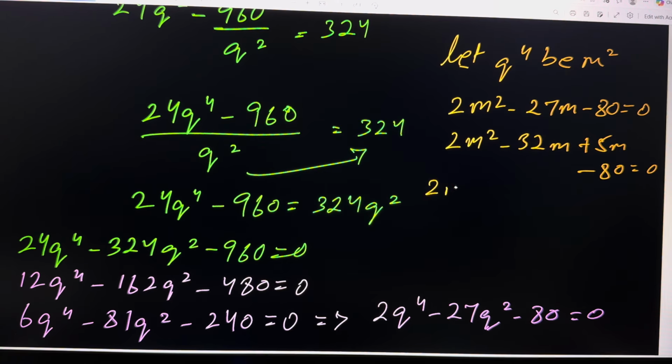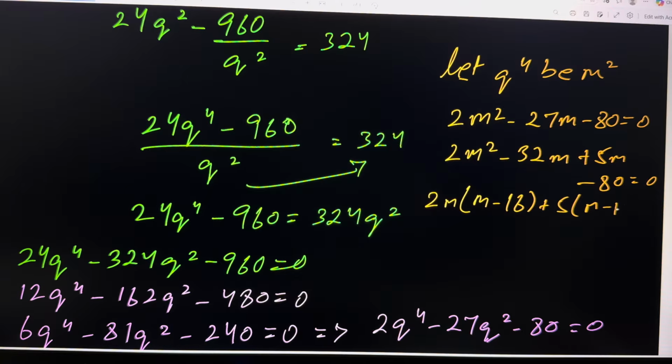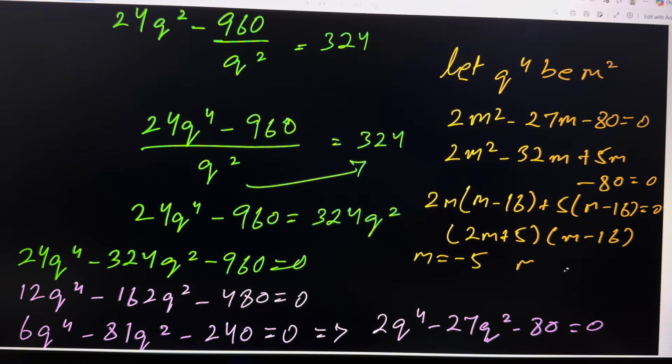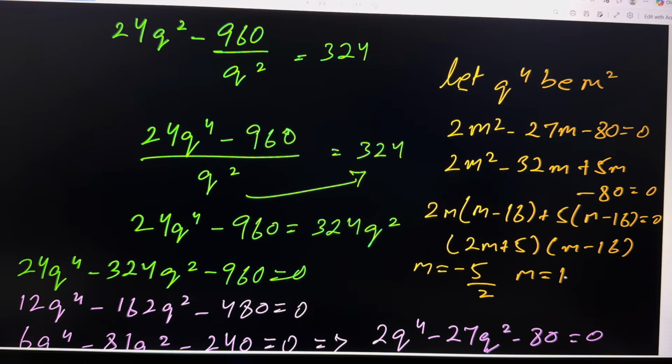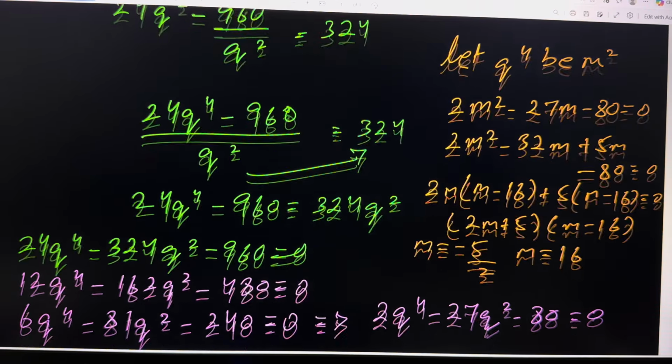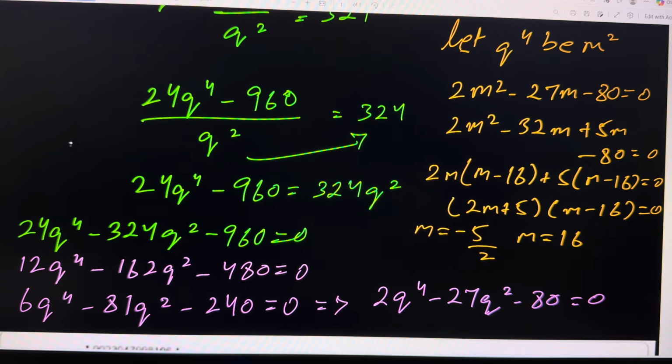I'll take 2m common, this becomes m minus 16, plus 5 common, this becomes m minus 16 as well. This becomes (2m plus 5)(m minus 16). So m is equal to minus 5/2, and m is equal to 16. We're not done yet.